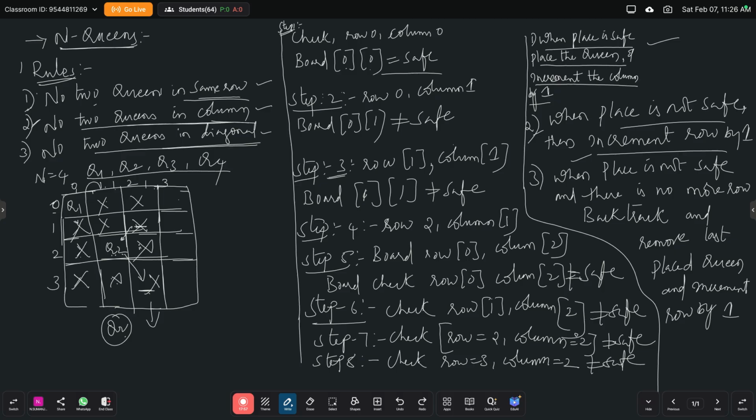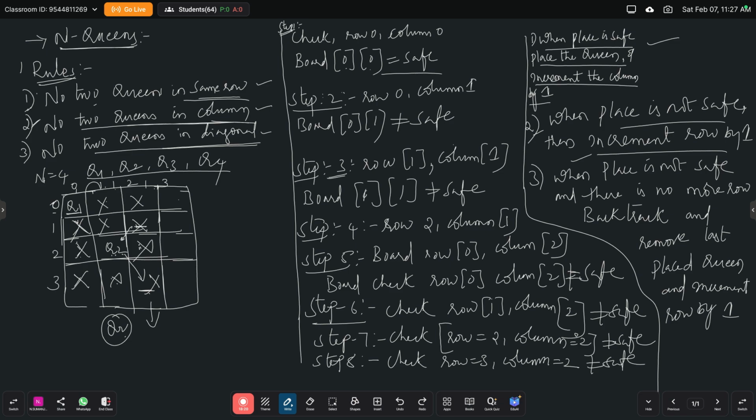Whenever we place one queen in one column, we cannot place one more queen in the same column. The places on the board in the same column are indirectly not safe. That is why we directly increment our column number by 1.